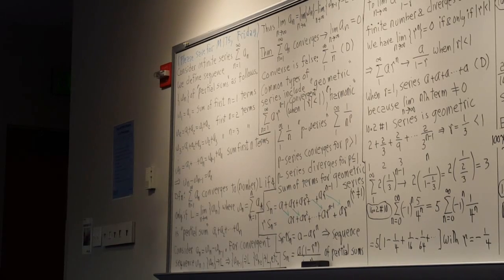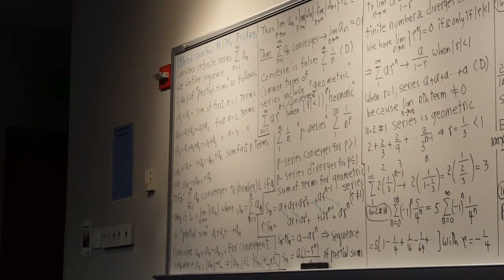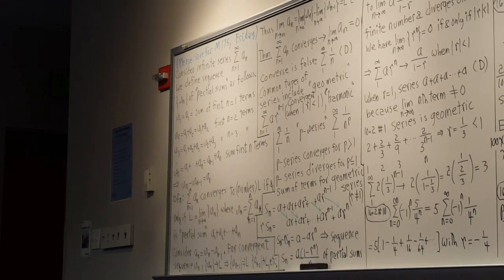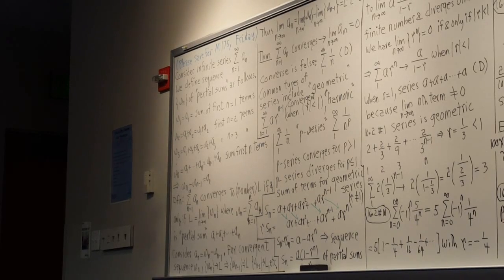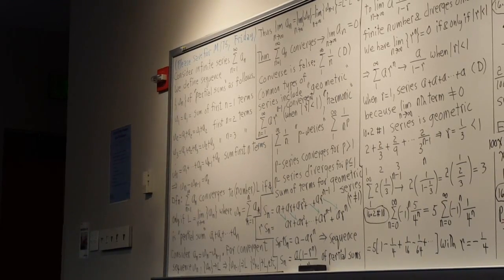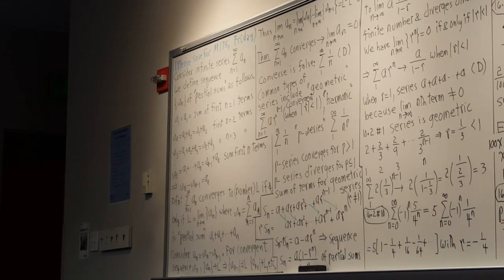And you see the very first thing on the page, on the top of the page, is this nth term test. If the limit of the general term is not 0, series diverges.